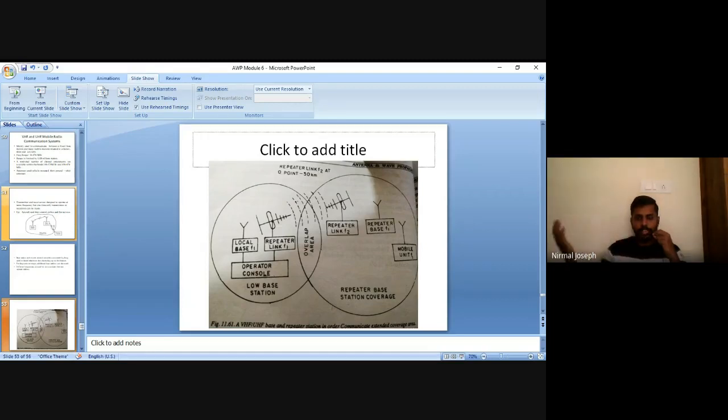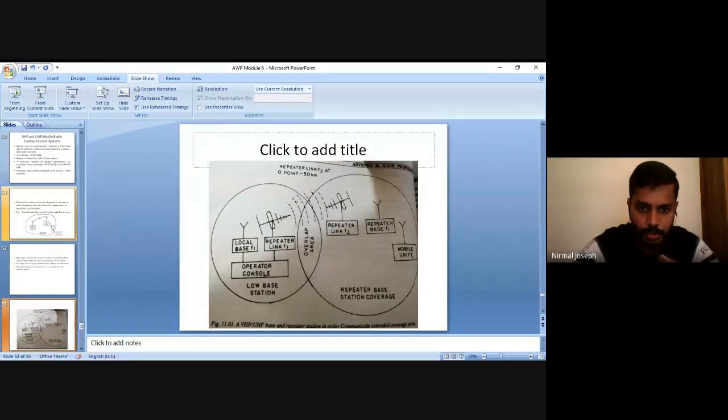And outside the area of the local base station, they want to establish one more base station. So for that, they are using repeaters. There they will set up one base station, but that base station will operate subject to the signals coming from the first repeater link. The first repeater link is connected to the local base station. Okay, from here, the local base station is transmitting and it is handling handsets here.